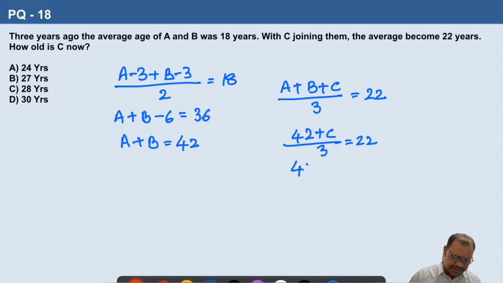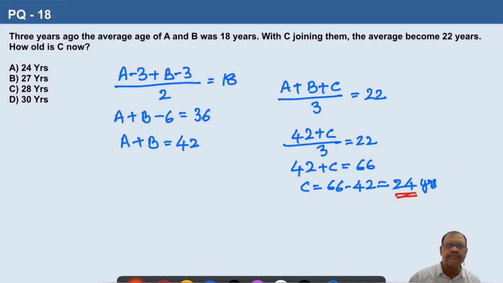So simplify this, 42 plus C is equal to 66. C is equal to 66 minus 42. So that is equals to 24. So age of C is 24 years. Option A is the correct answer.